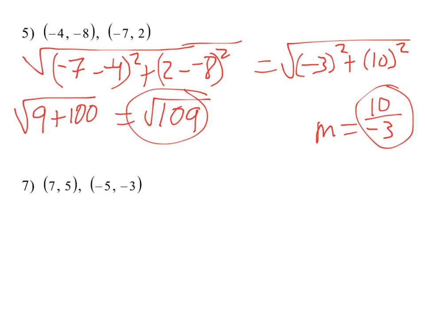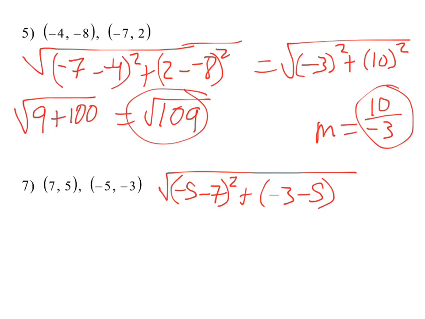See that? On number 7, I'm going to start that up here. I'm going to do negative 5 minus 7. I'll square that. And then negative 3 minus 5. Let me square that. And then, when you do that subtraction, negative 5 minus 7 gives you negative 12.